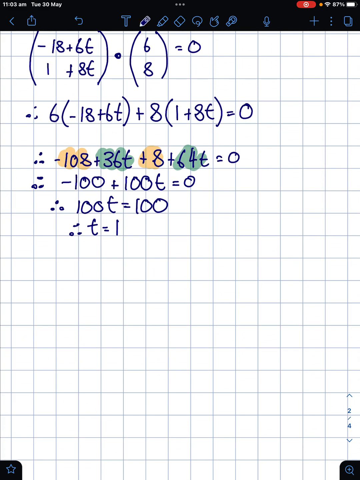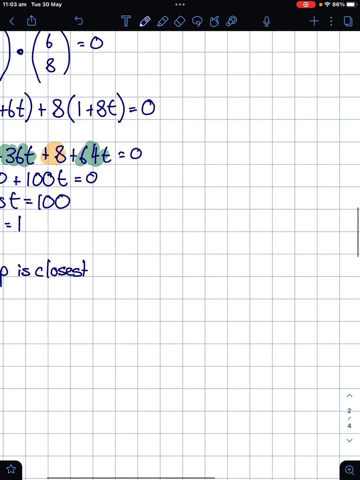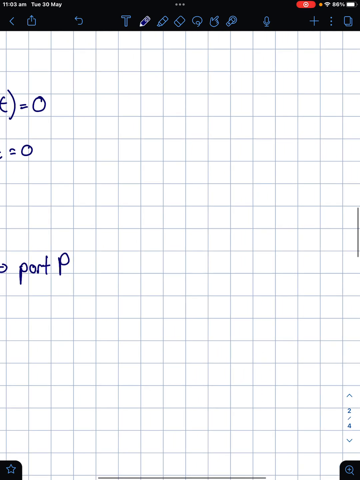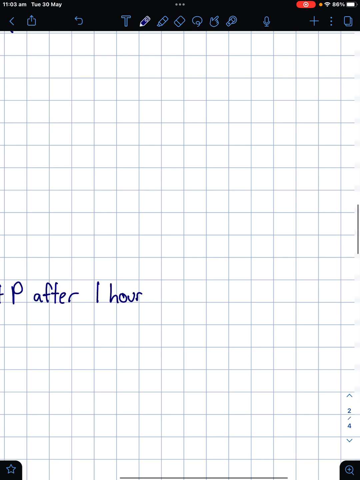So let's go t equals, let's write this out properly. Therefore, the ship is closest to port P after 1 hour. Okay.